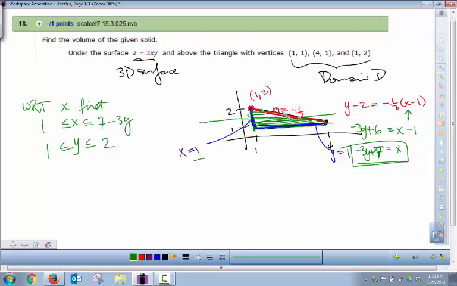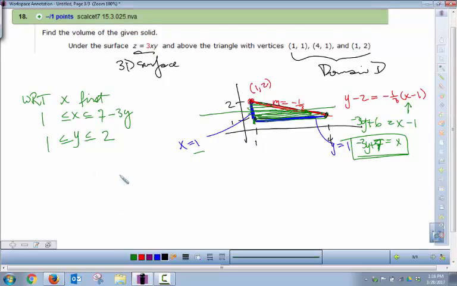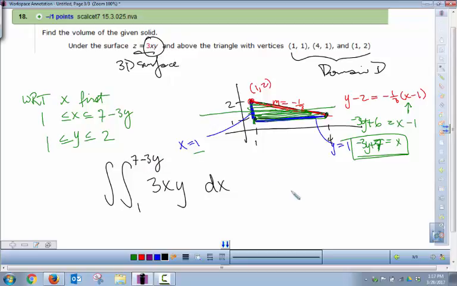All right, I think that looks good. We can set up our integral. We have our function z is equal to 3 times xy. And then our dx, our x limits are from 1 to 7 minus 3y. And then our y limits, dy, going from 1 to 2.